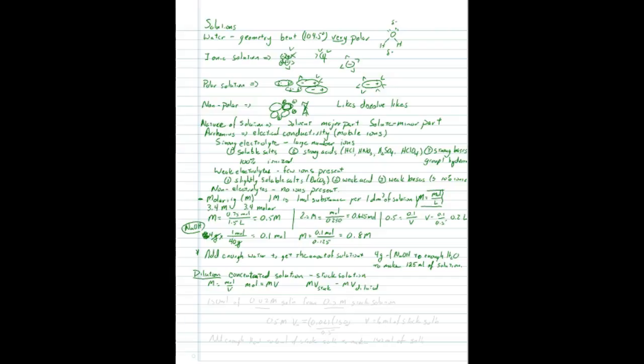So if you want 125 milliliters of a 0.02 molar solution, the abbreviation for solution is that, from a 0.5 molar stock solution, or standard, sometimes they call it standard.